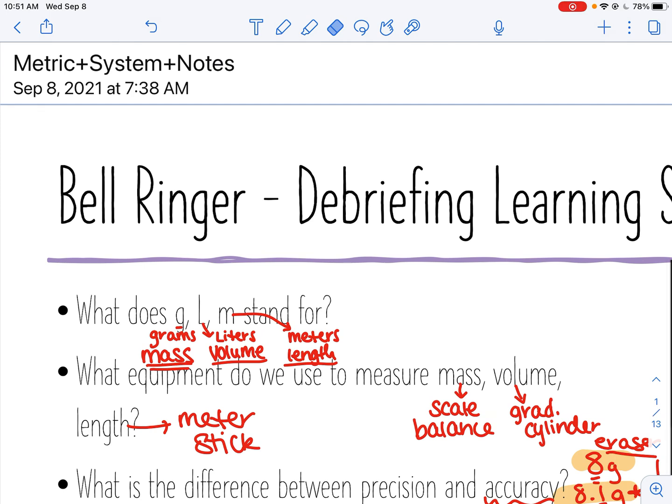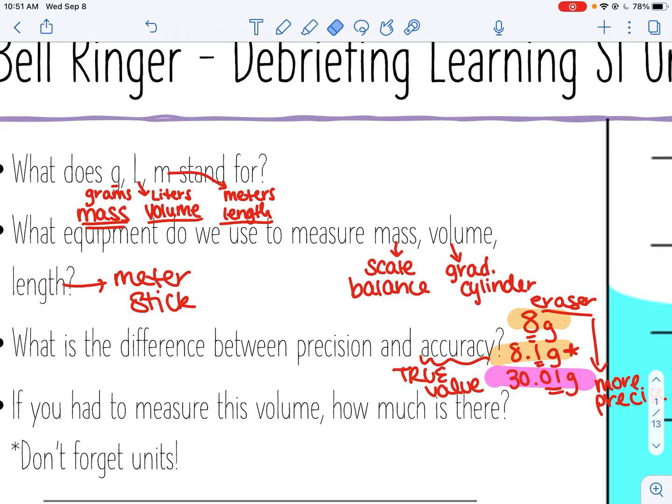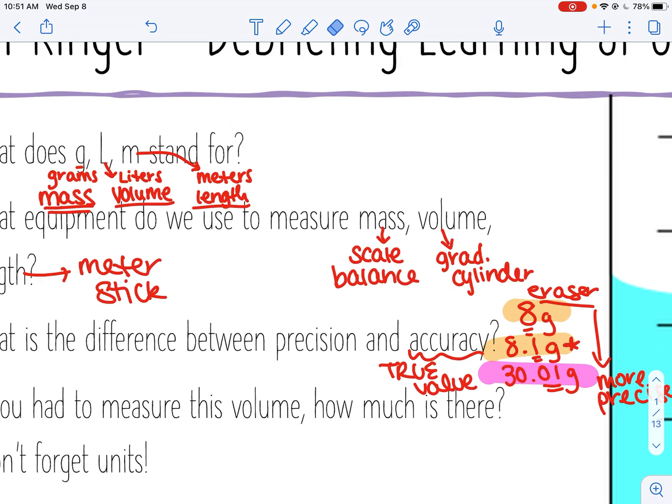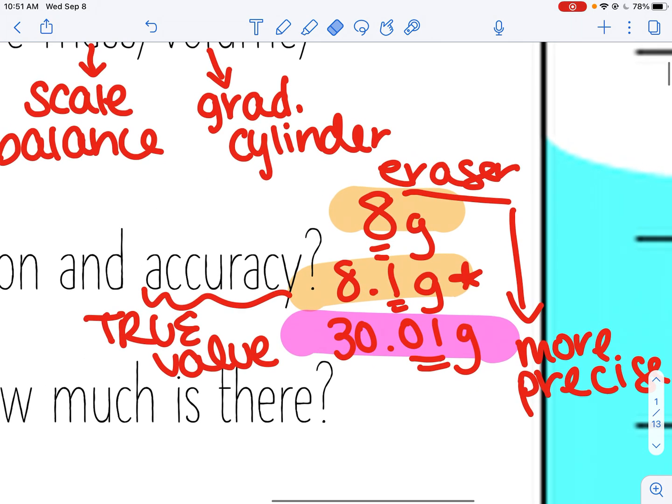Those were just some of the things that we had placed around the room, and you were reading them, getting different graduated cylinders, different measurements, and that factored into which one was more accurate and which one was more precise. When we look at precision versus accuracy, we had 3 balances, and I took that eraser and put it on those 3 different balances.